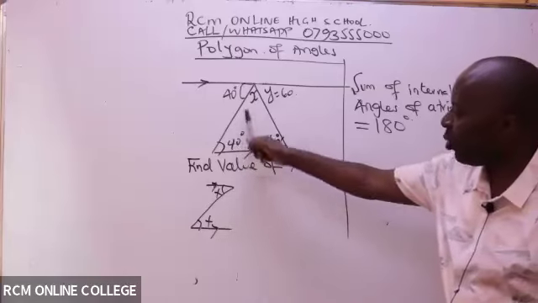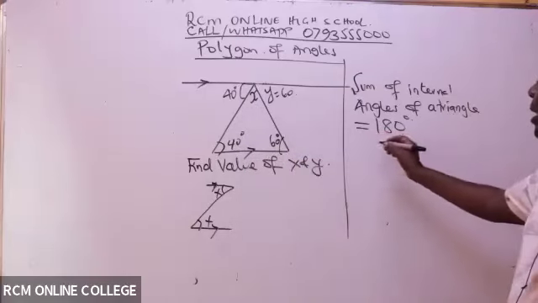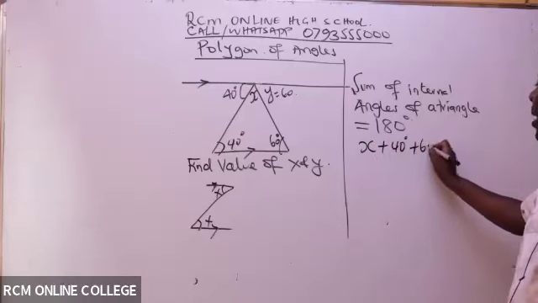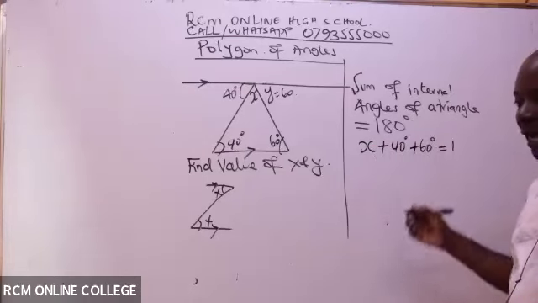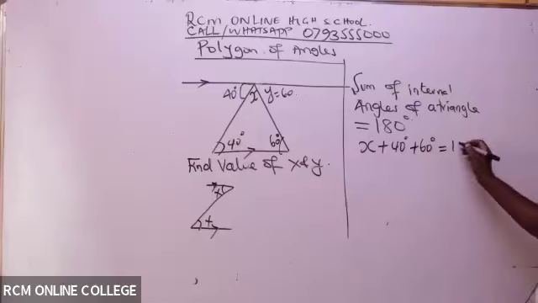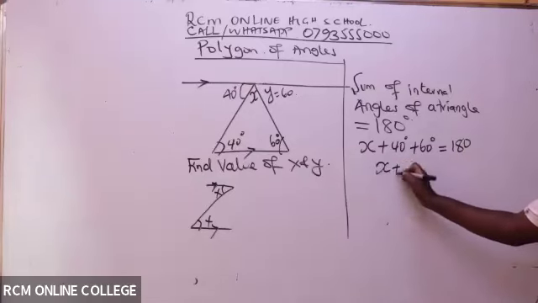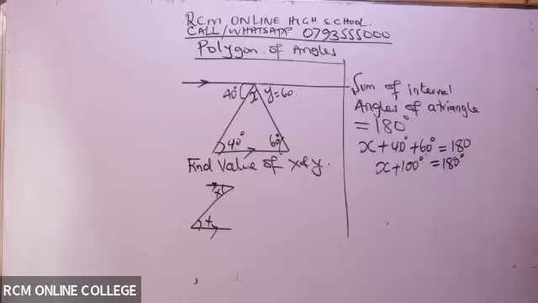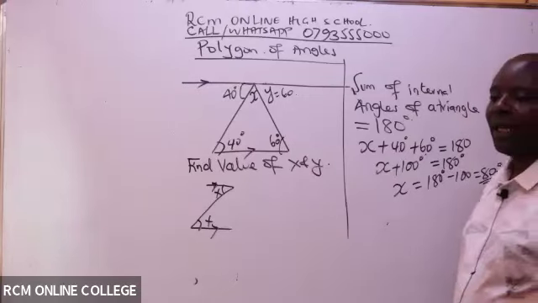So if we take X plus 40 degrees plus 60 degrees, those are three angles, will be equal to 180. So X plus 100 degrees, because if you add the two you get 100 degrees, will be equal to 180 degrees. So X will be 180 degrees minus 100, which gives us 80 degrees. So X here is 80.